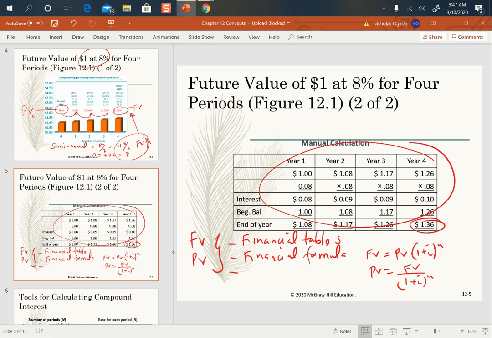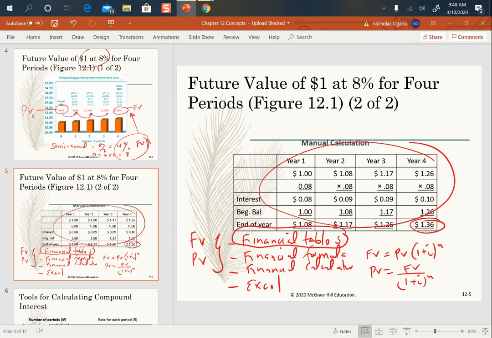The other way to do this is to use a financial calculator, and another way is, of course, a spreadsheet like Excel. Either method will give us an approximate answer. I can't say it's going to be the same, because the focus of the chapter is on the use of the financial tables.